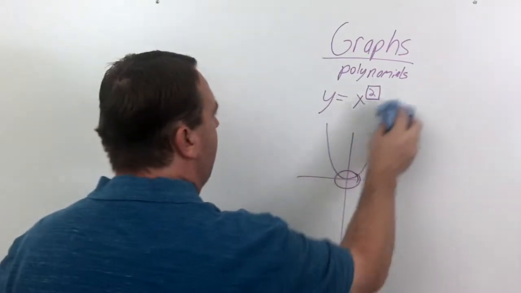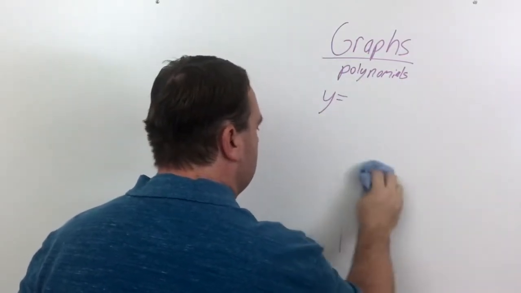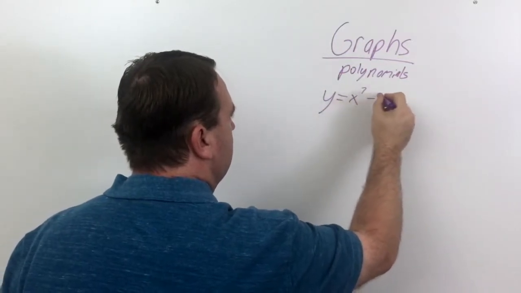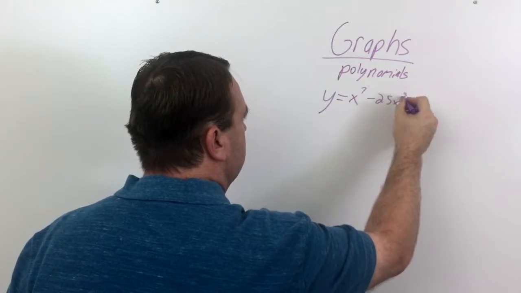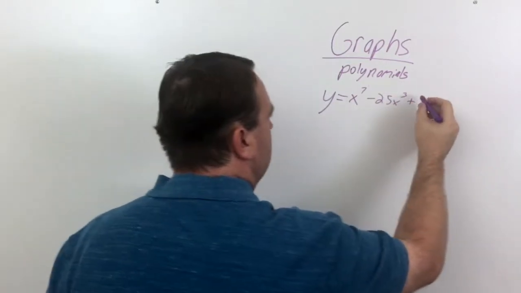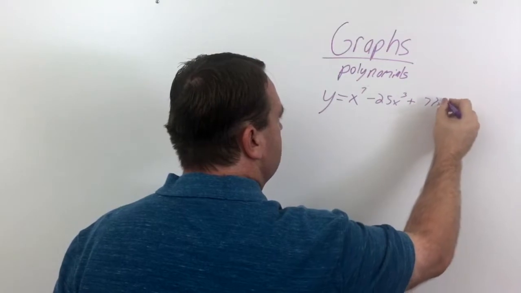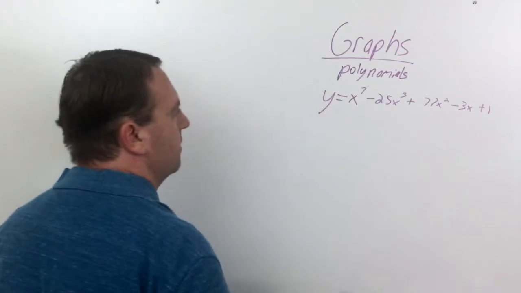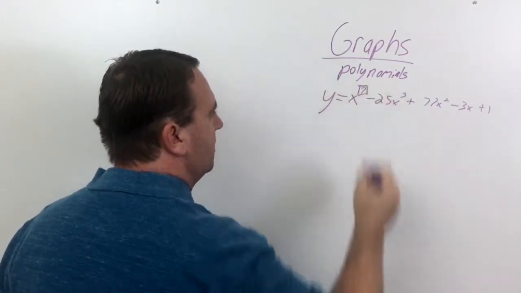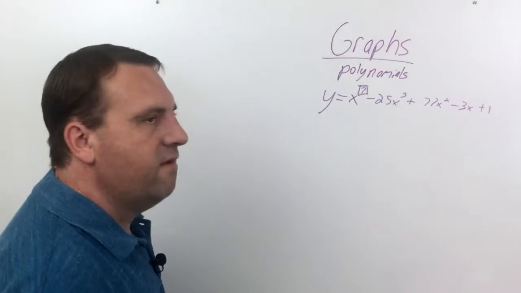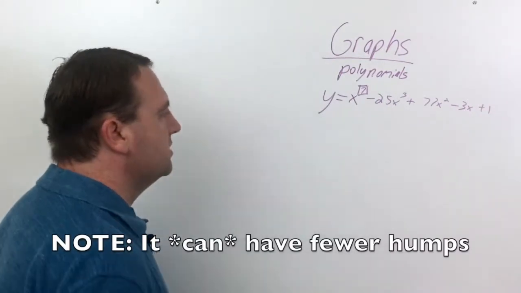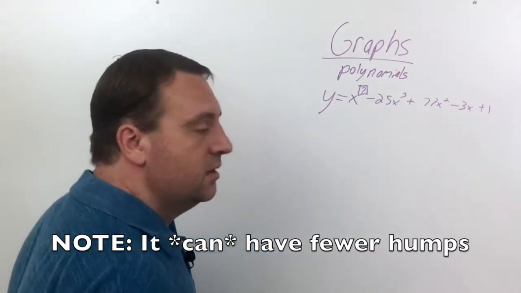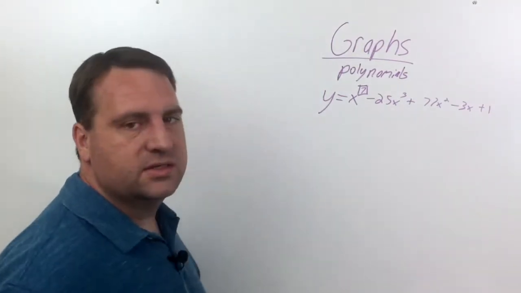And so it doesn't matter how complicated your equation is. x to the 7th minus 25x to the 3rd plus 77x squared minus 3x plus 1. Because 7 is our biggest exponent, the graph of this function will have at most 6 humps. Now it might have fewer humps, but it won't have more than 6 humps.